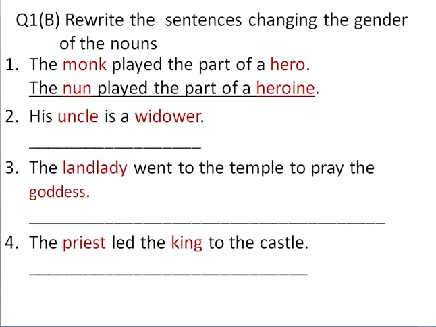Rewrite the sentences changing the gender of the nouns. The first one I have already given. The monk played the part of a hero. The nun played the part of a heroine. The first answer I have done. Now the second statement is, his uncle is a widower. Third statement, the landlady went to the temple to pray to the goddess. Point number 4, the priest led the king to the castle.